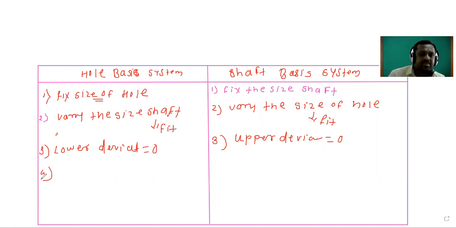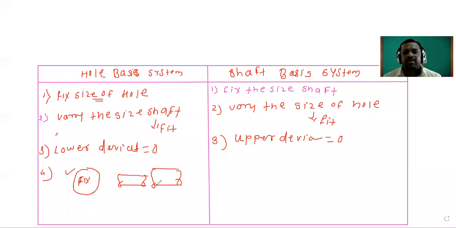Because in the hole basis system we are fixing the size of hole. Once we have produced the hole, it becomes fixed. Then in the hole basis system, we are varying the size of only the shaft, and varying the size of the shaft is very simple.